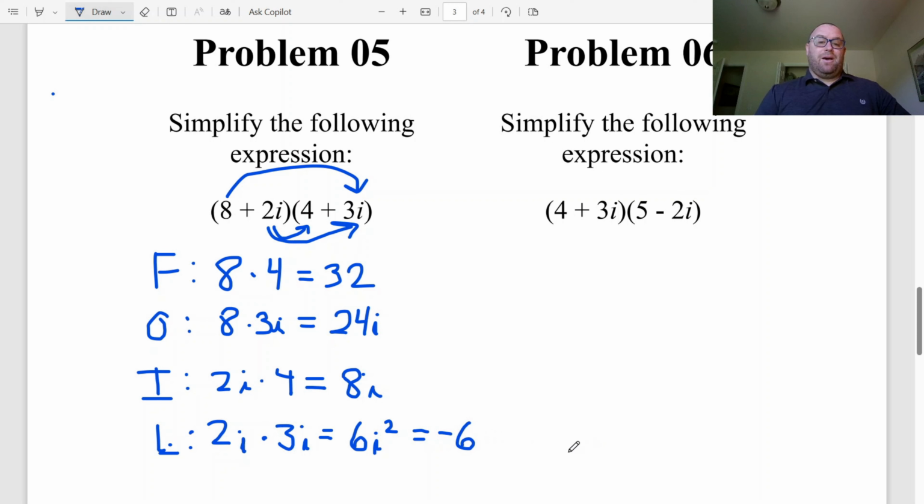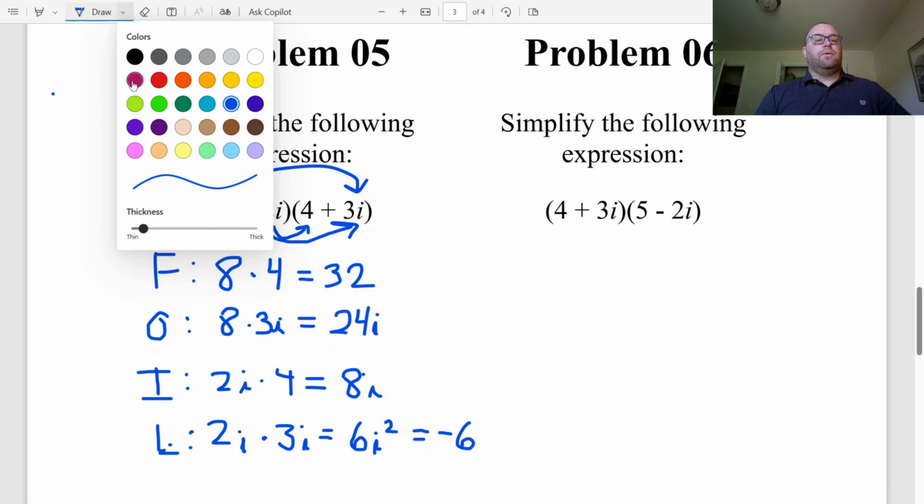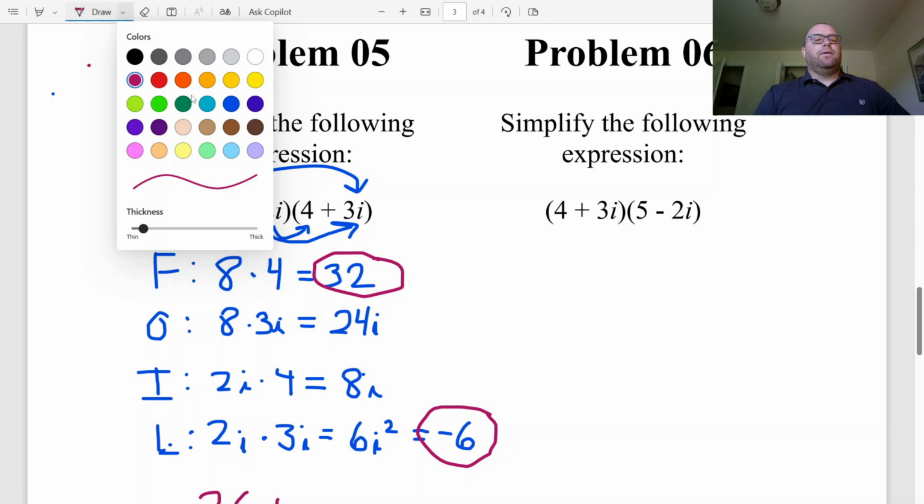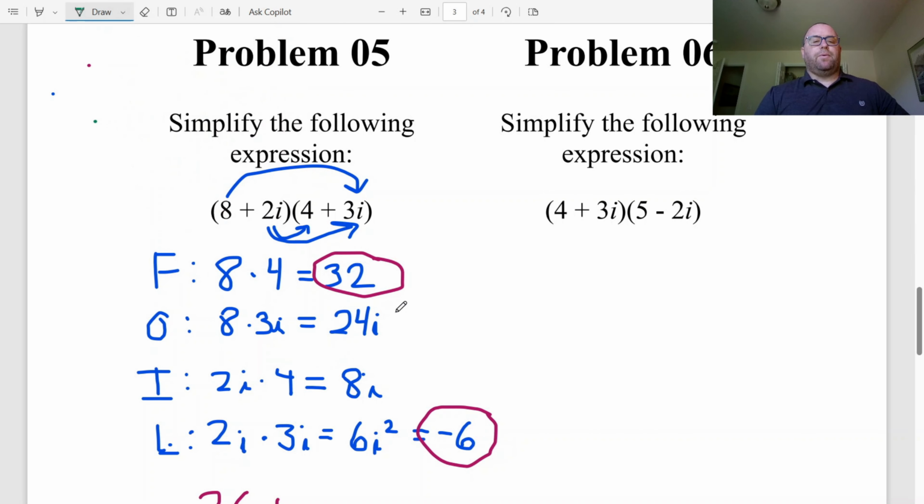Okay, so now this becomes a real number. So we're going to combine our real numbers, which are 32 and negative 6, and that's going to give us 26. And then we're going to combine our imaginary parts, so 24i plus 8i. That's going to give us 32i. Okay, so that's that one.